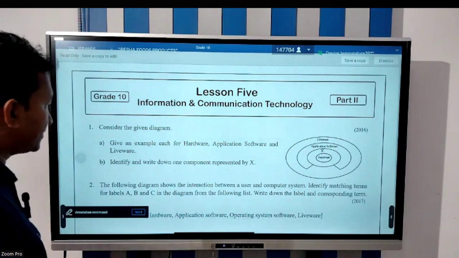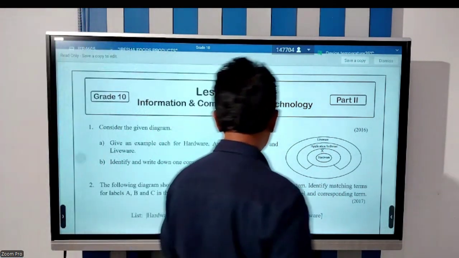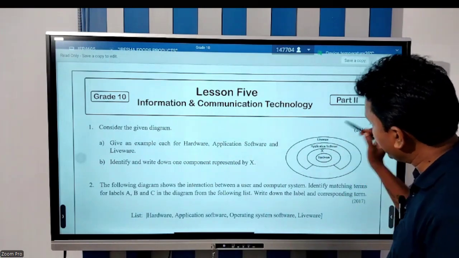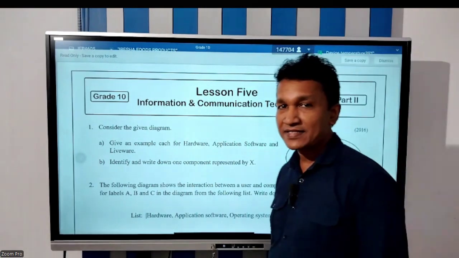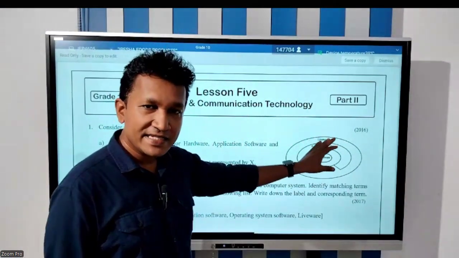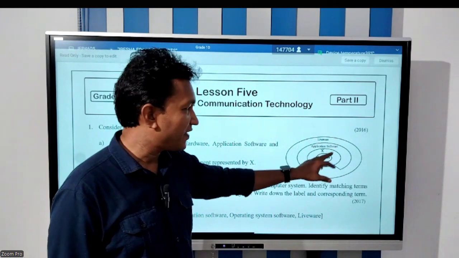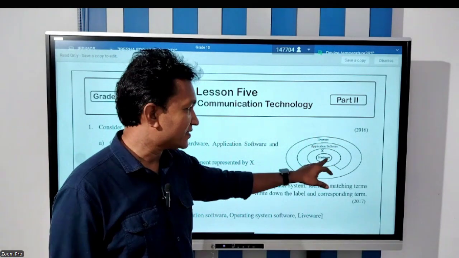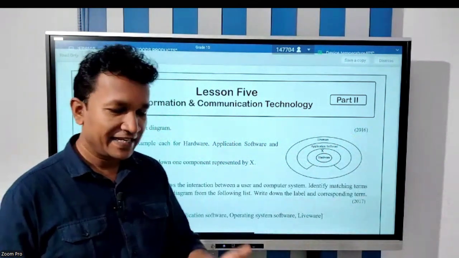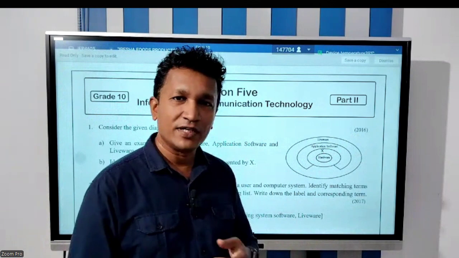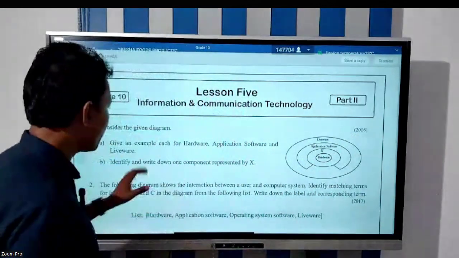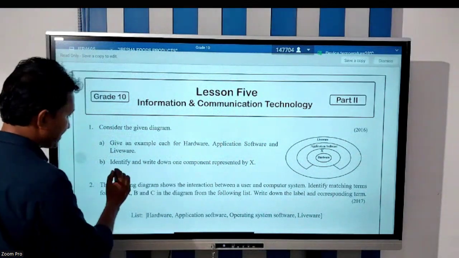I did write down one component represented by X. What is X? After hardware, there is X. We can understand that X is system software. Can you remember what the system softwares are? It can be operating system, utility software, or language translators. We can write one of these things.